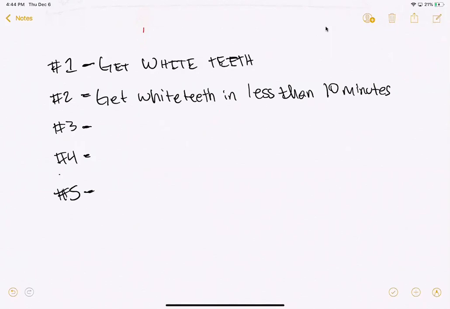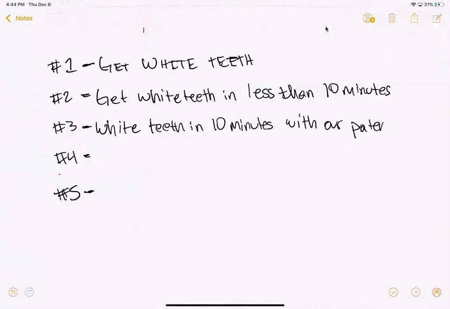But now it's moved to stage 3, which is white teeth in 10 minutes with our patented formula, right? So that would be stage 3.